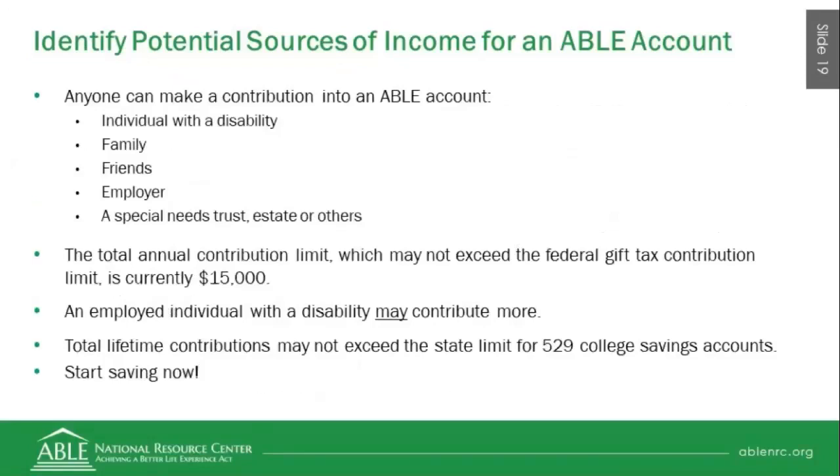Well, back before ABLE, you actually would have to spend it, because there was that $2,000 resource limit, and that resource limit is still in place if you wanted to place that into a regular savings account or checking account or not spend it. So you were very limited, but ABLE has really expanded savings opportunities.